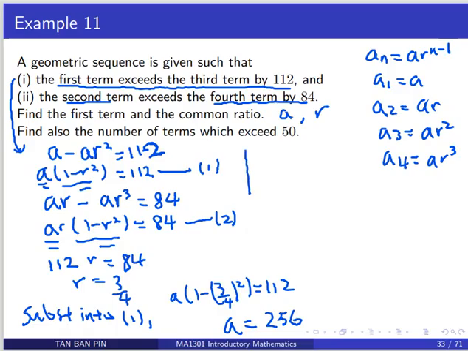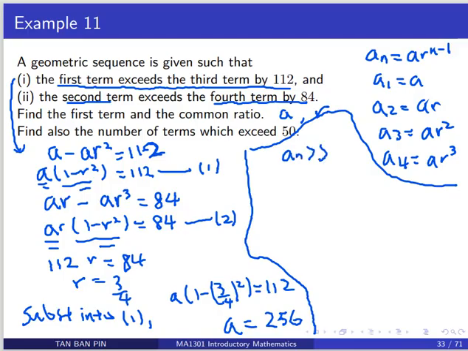Then you're supposed to find the number of terms that exceed 50. So you want a_n more than 50. So you want ar^(n-1) more than 50. The a you just found is 256, r is 3/4.